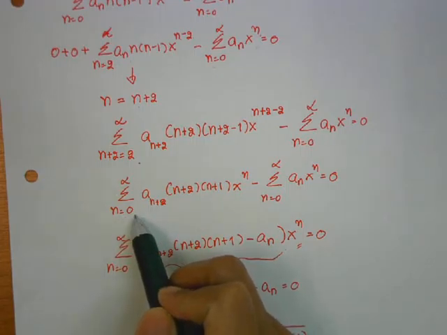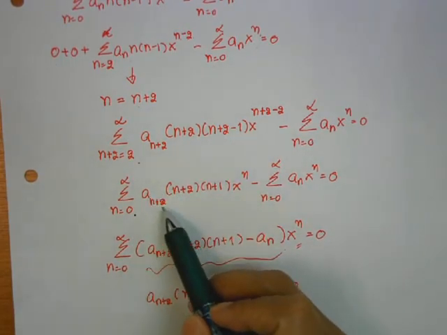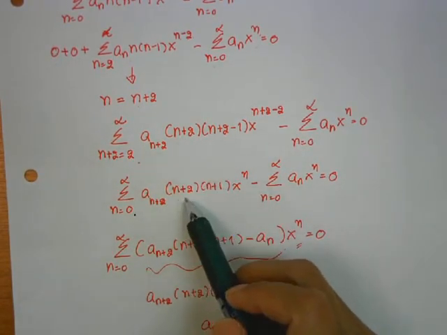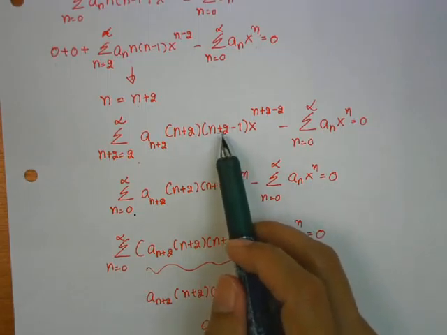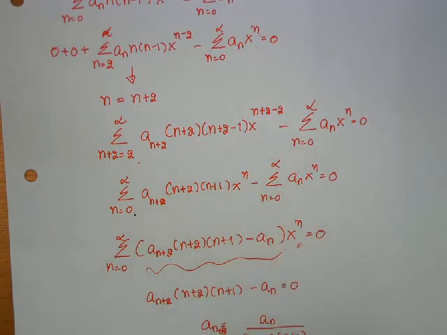See, I already did the shift of this index. And this one, you would get n plus 2, this one would get n plus 1, and now we get x to the power n. Doing the shift of index makes us able to combine two terms together.